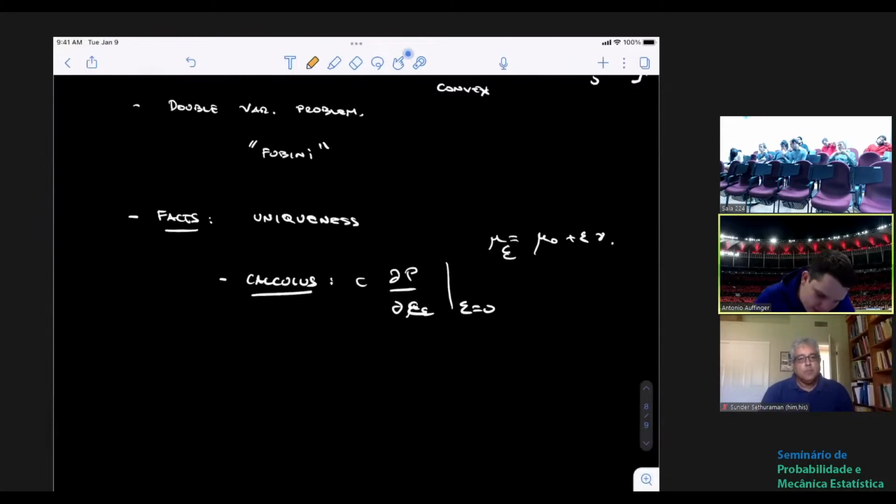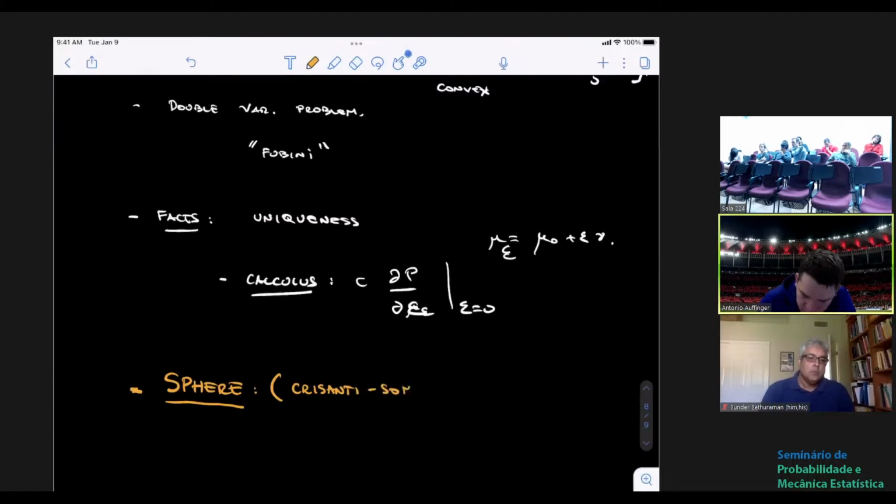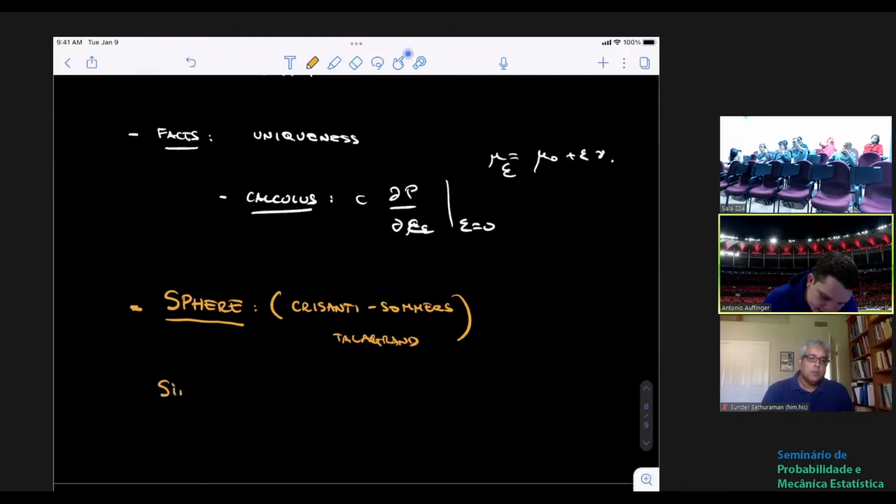Plus, there is another fact that I should mention, and this is what makes things also interesting, that on the sphere there is a result of Crisanti and Sommers. I think this was written by Crisanti and Sommers, but as a theorem it was proved by Talagrand. You can rewrite, okay, there is a simpler version of P beta.